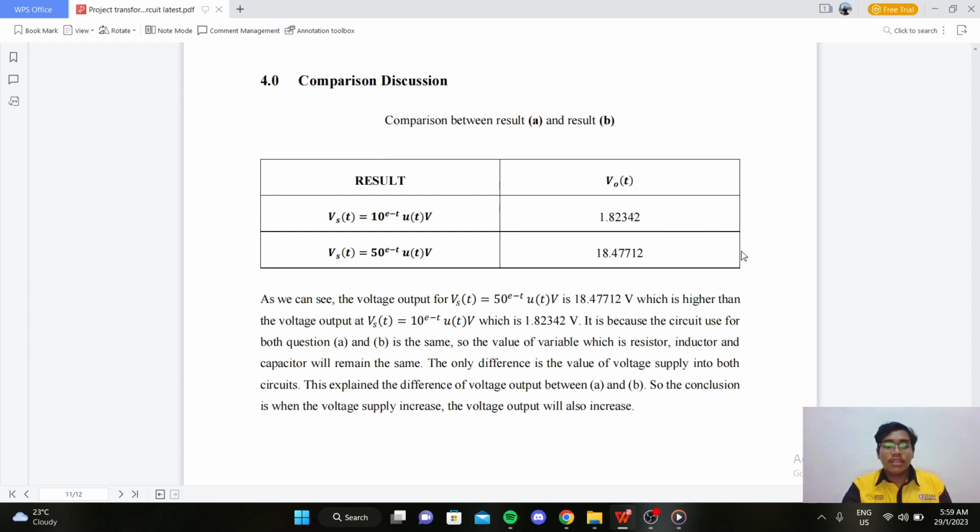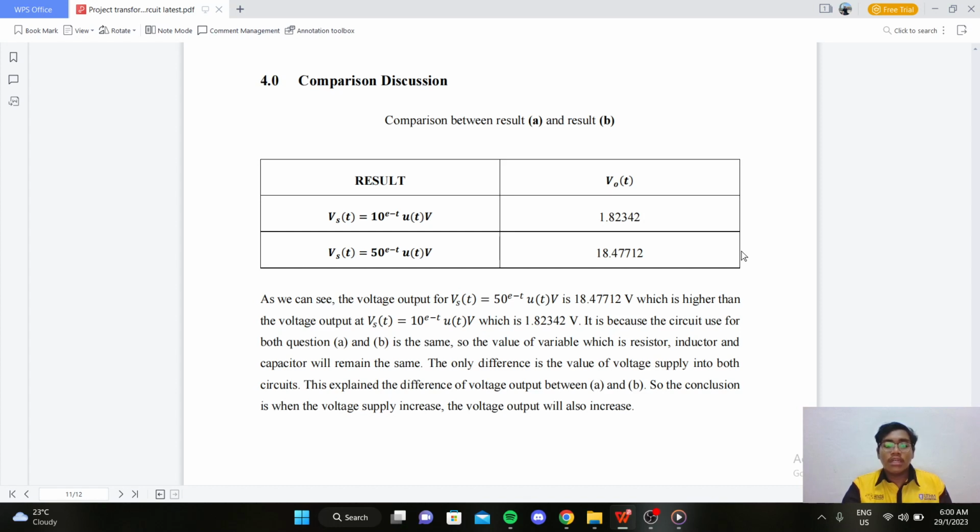As we can see, the voltage output that we get when the voltage supply is 50 power of E minus T volt is 18.47712 volt, which is higher than the voltage output that we get when the voltage supply is 10 power of E minus T volt, which is 1.82342 volt.